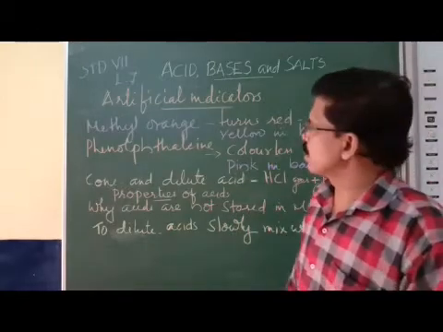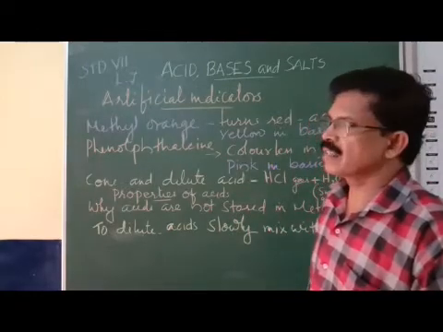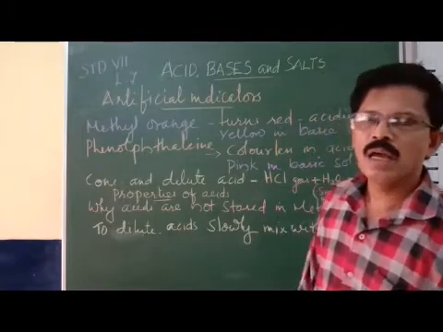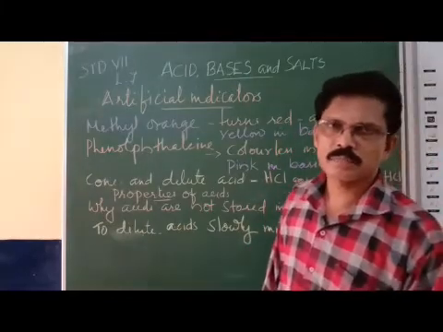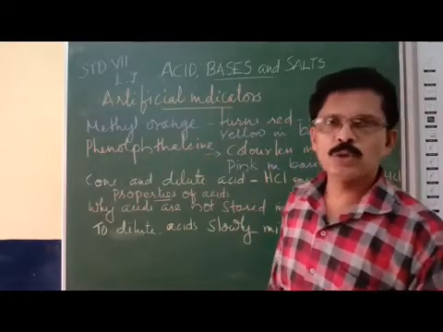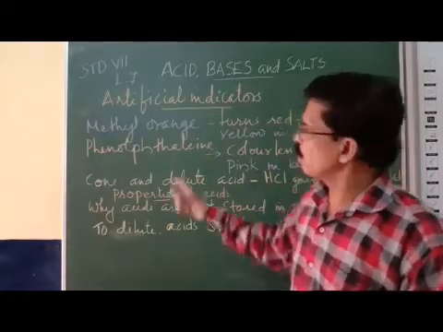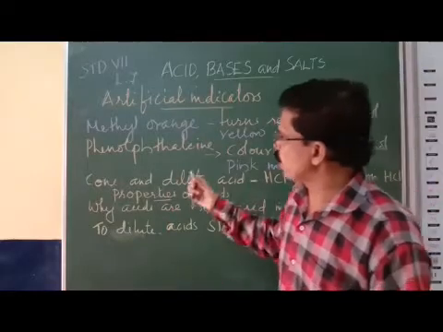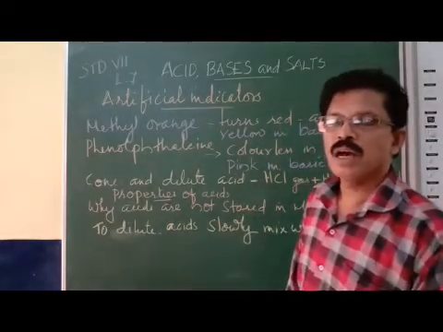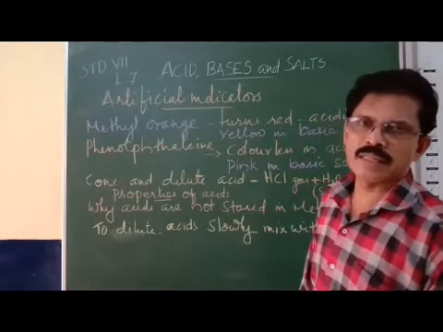So what are artificial indicators? The indicators which are prepared or made from chemicals, we call artificial indicators. For example, methyl orange, very commonly used in our laboratories, and phenolphthalein. Methyl orange and phenolphthalein are artificial or synthetic indicators.